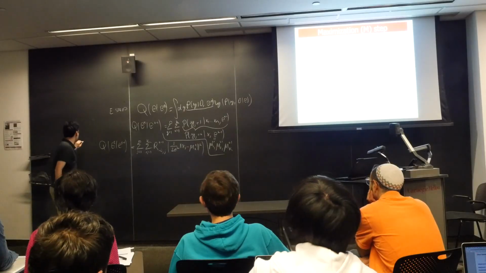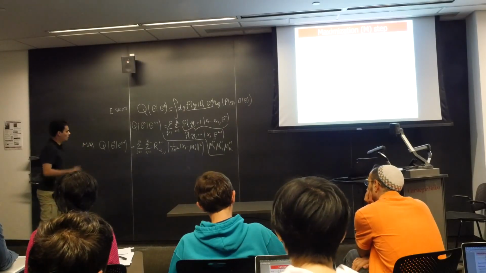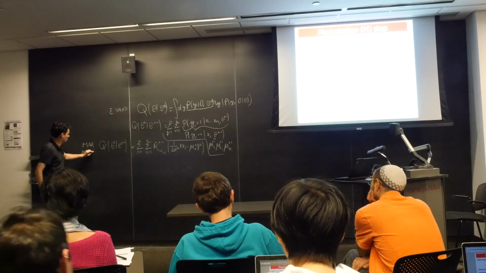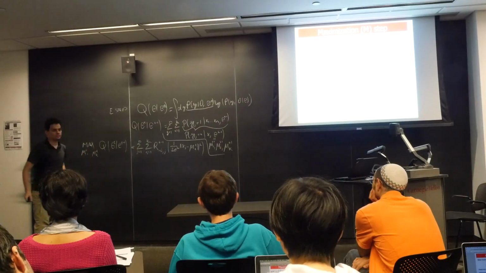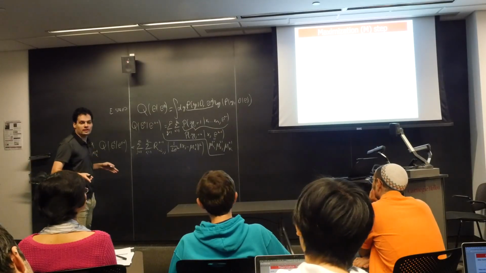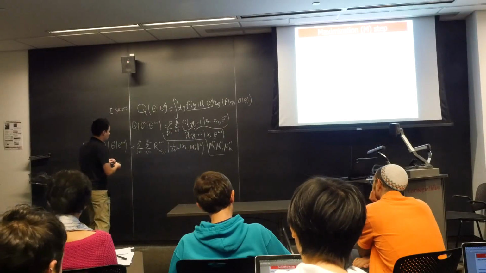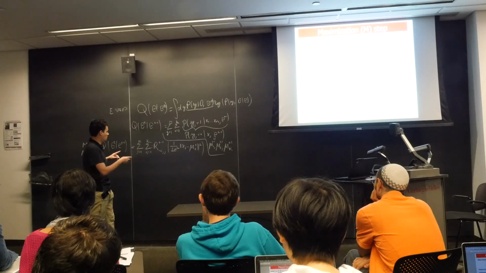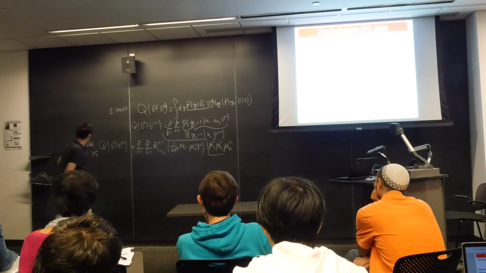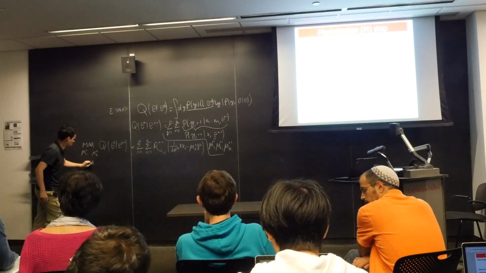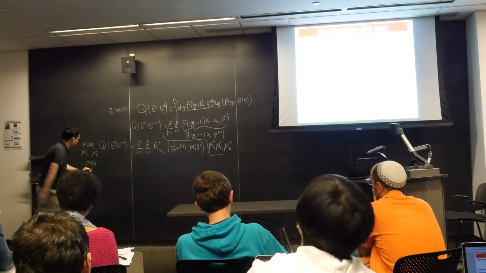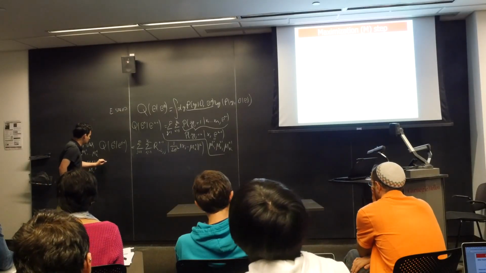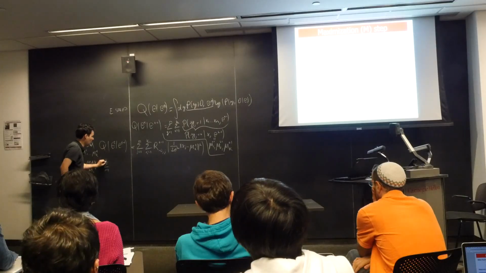We want to maximize this in mu 1 t through mu k t. When I maximize this in mu i t, then because of this sum, if I want to maximize this expression in mu i t only, then I just need to maximize this expression, the sum j from 1 to n.